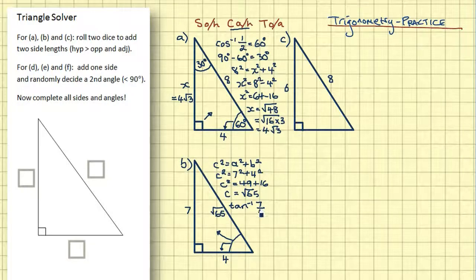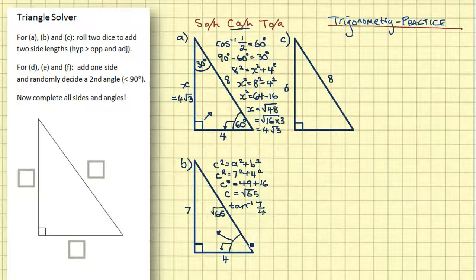Okay. Well, reaching for my calculator, first of all let's get 7 divided by 4 and see what that is as a decimal. Well, it's 1.75, isn't it? I don't even need to use my calculator for that. So I go inverse tan of 1.75 and I get 60.255.